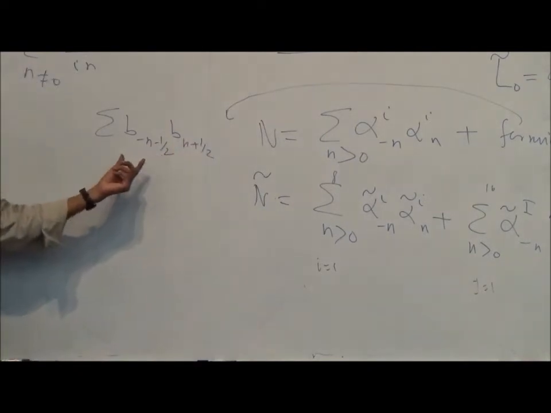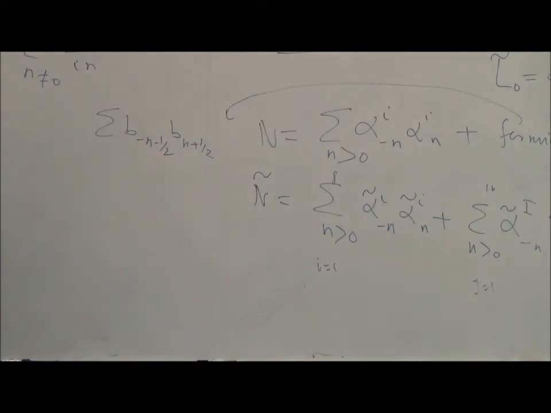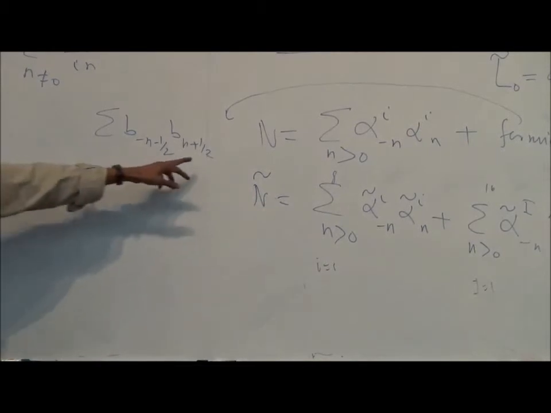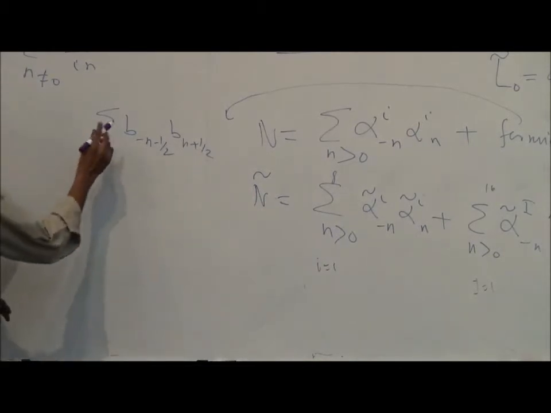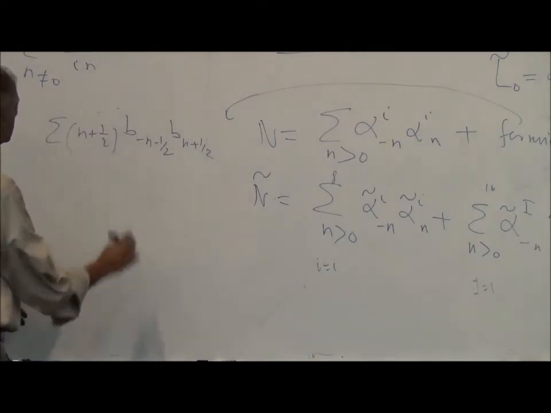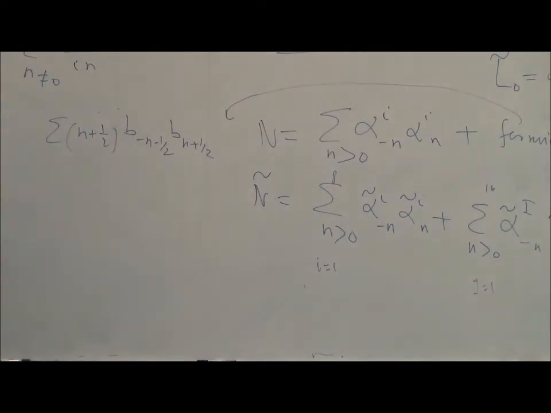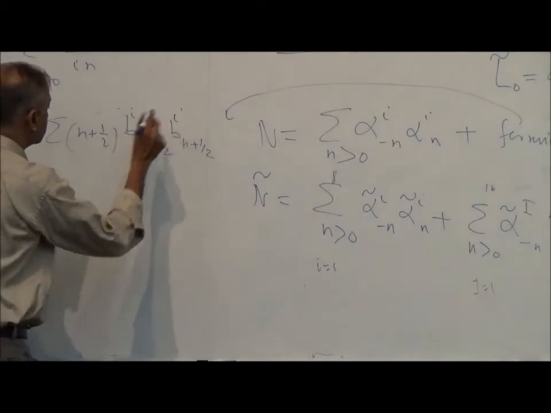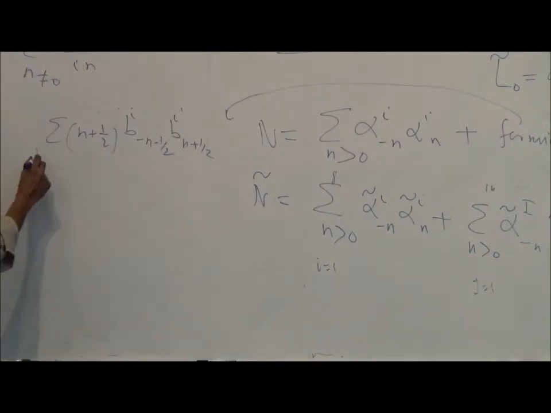Because in the Neveu-Schwarz sector, the fermions are antiperiodic as you go along the sigma direction, the Fourier modes are half integer modes. So that's why you have a shift by half, n plus half. This is ψ^i, again the transverse directions, and n goes from 0 to infinity.